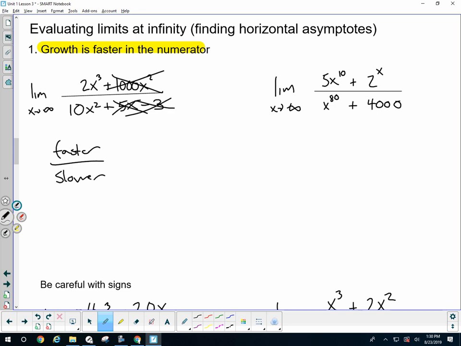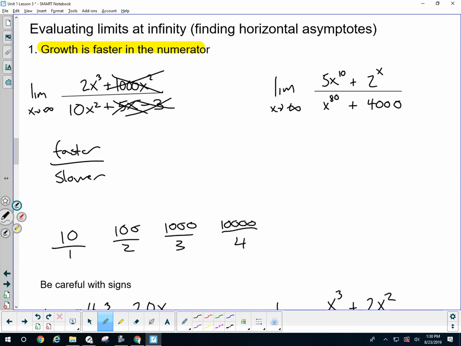I think about this set of fractions that I'm just going to show you, where the numerator will grow by a multiple of 10, whereas the denominator will just be added to 1. This is faster growth. This is slower growth.